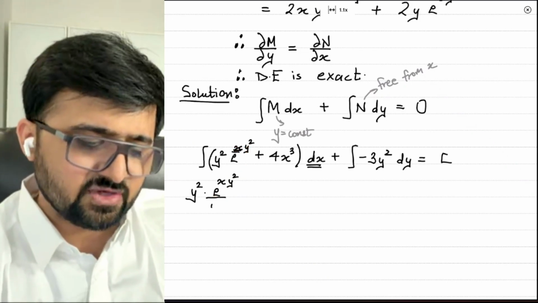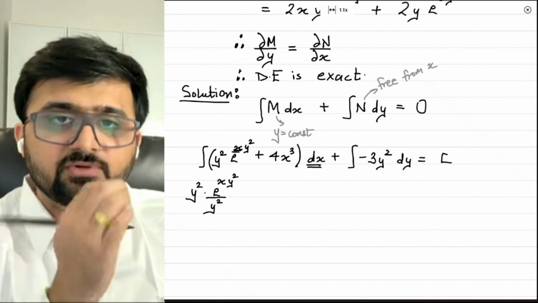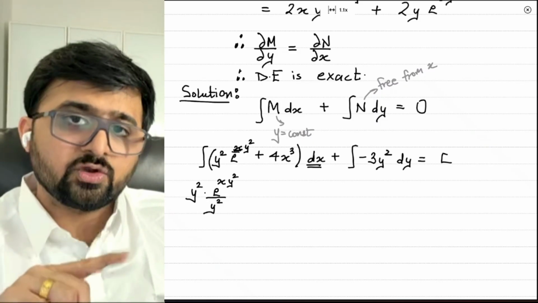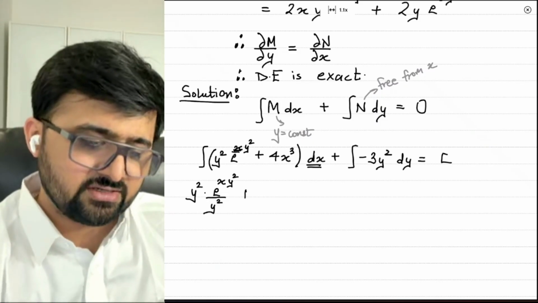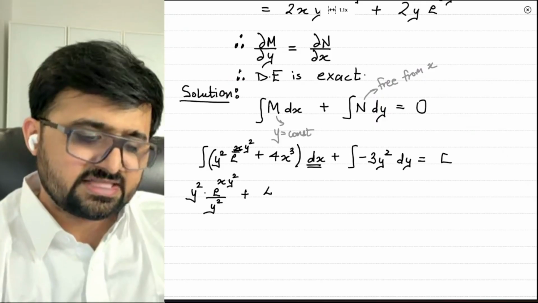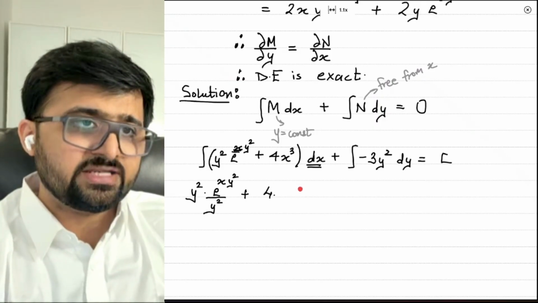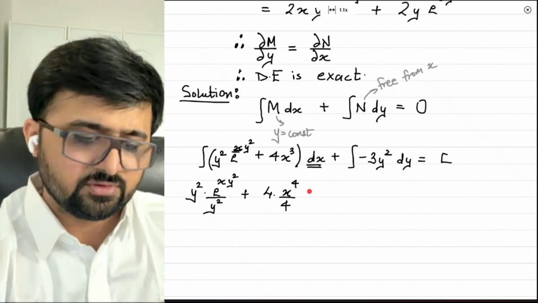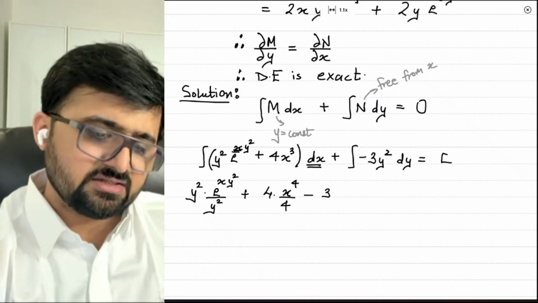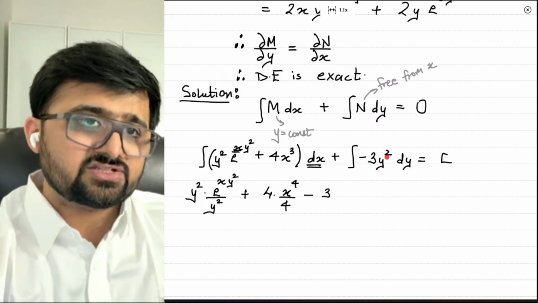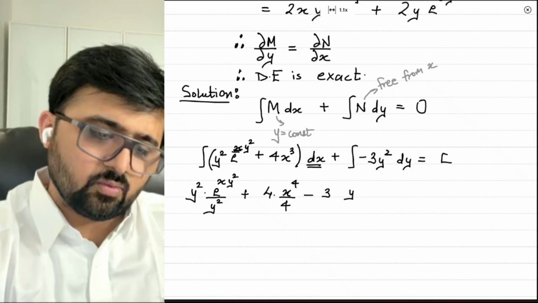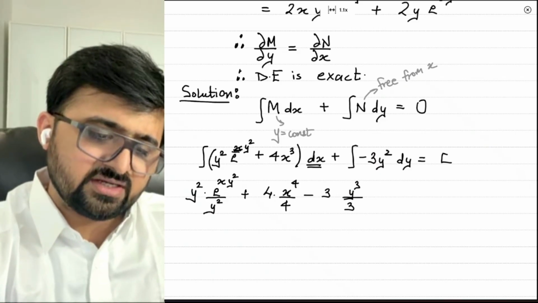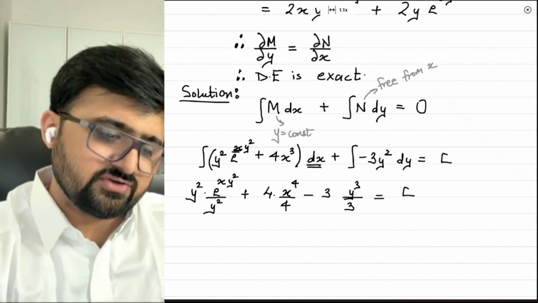In integration, we always divide by the coefficient of the variable. Plus, let's keep 4 constant; the integration of x³ is x⁴ divided by 4. Minus 3y², and the integration of y² is y³ divided by 3, equal to the constant of integration c.